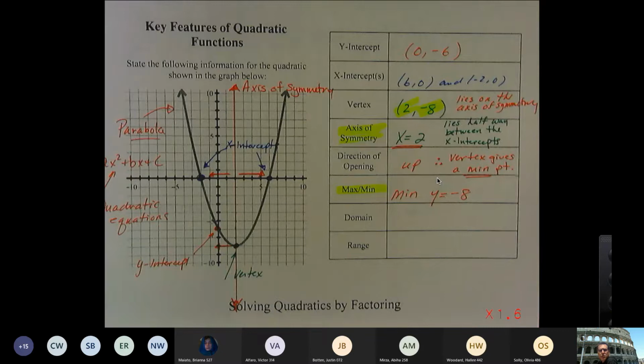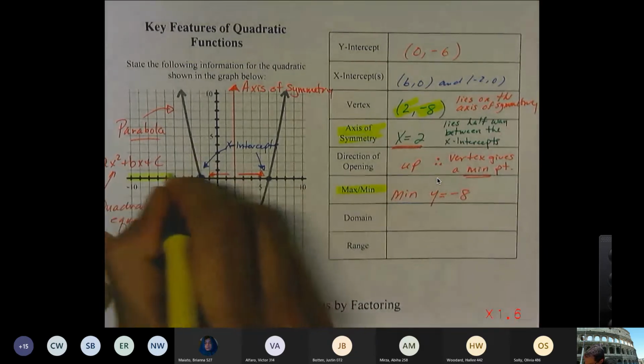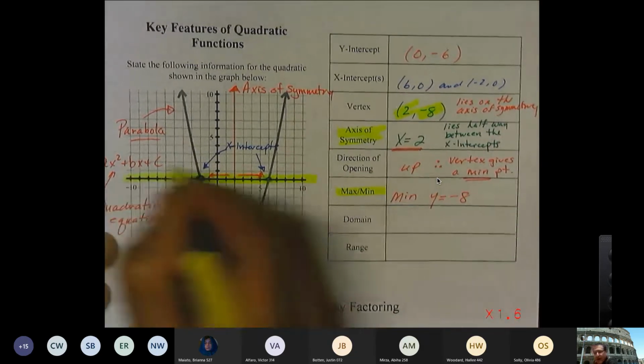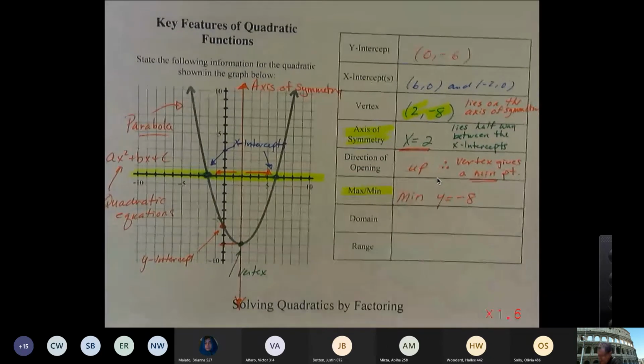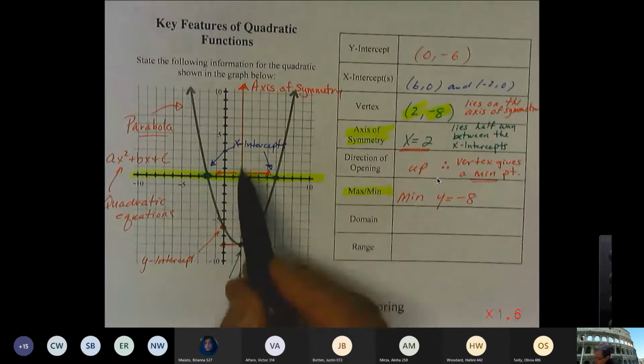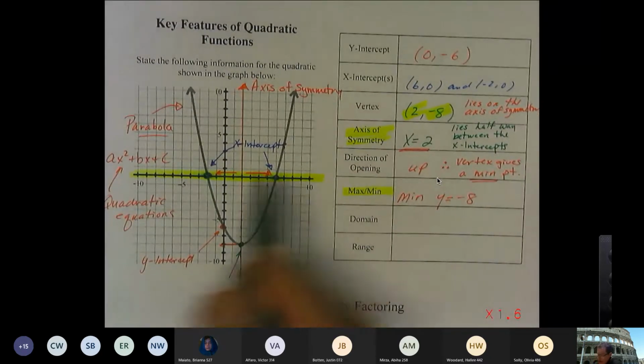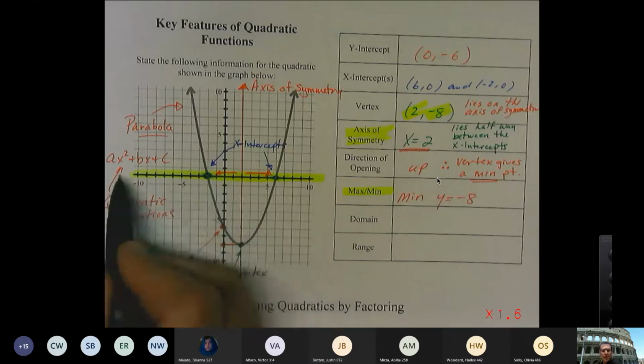Now we have two new words to talk about, domain and range. Domain means all the possible values of x that could go into this equation, that have a place on this graph. So if I look at all the possible values of x, it's going to be every single value in this direction and every single value in this direction.